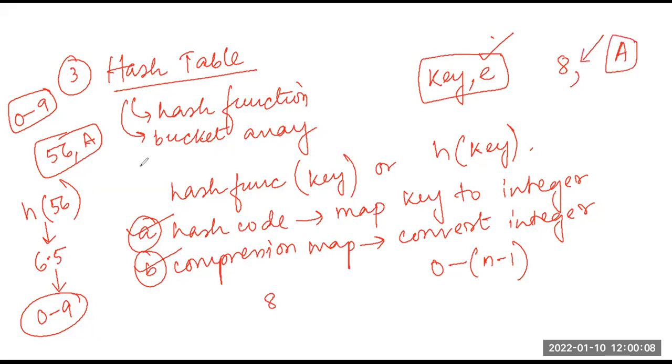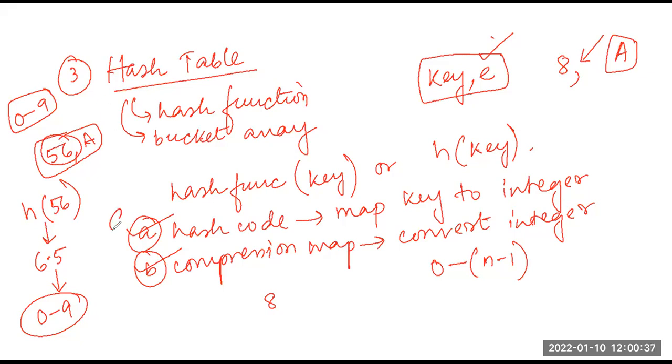See? So starting from a different key value, you first applied the concept of hash code where you mapped the key value to a certain integer between your range. And then from this integer, you applied the concept of compression map and you converted this integer according to your range specified in your particular hash table.